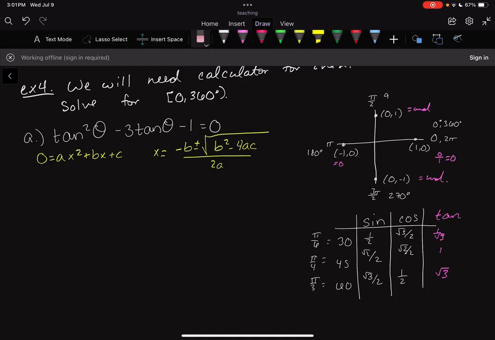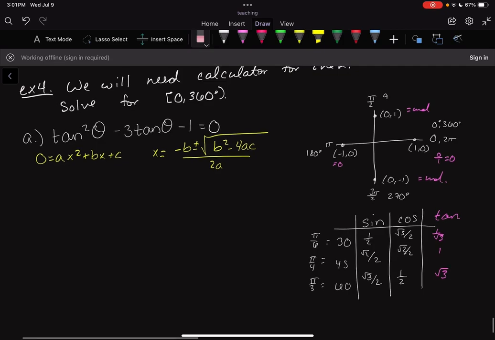So I need to apply this to the problem. I don't have a number in front of the tangent squared, which means there's an invisible 1 there. So my a is equal to 1, my b is negative 3, my c is negative 1. I'm going to plug this in.